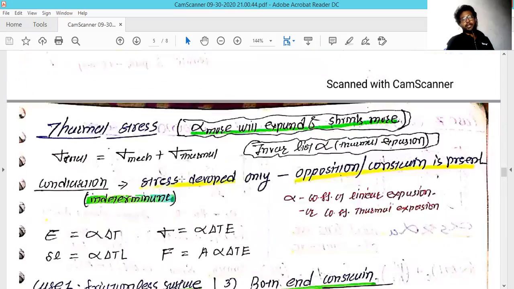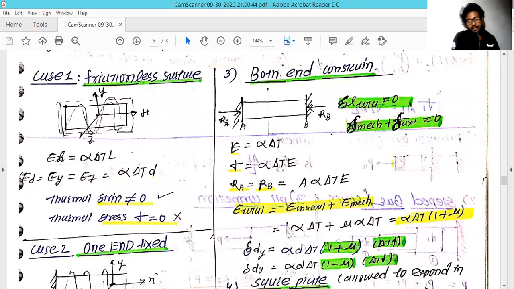Now we move to another example, where we come to the restricted case, and here stress is going to be generated in the rod. In this example both ends of the rod are restricted, that is, fixed, and the surfaces between which the rod is placed are not going to move.